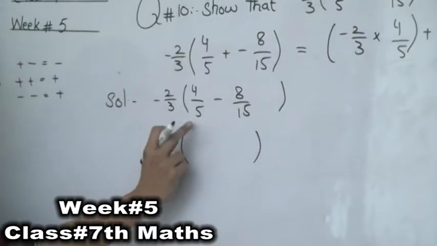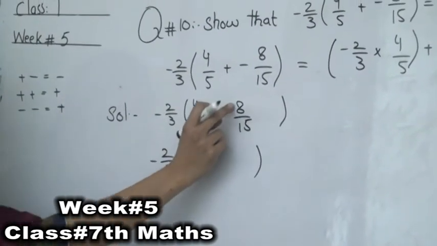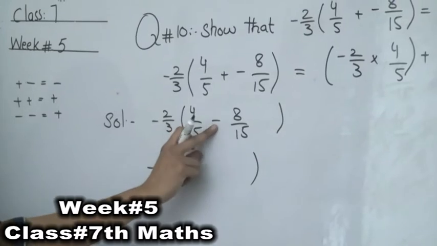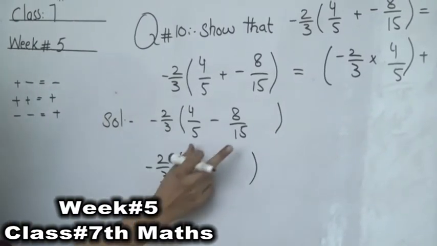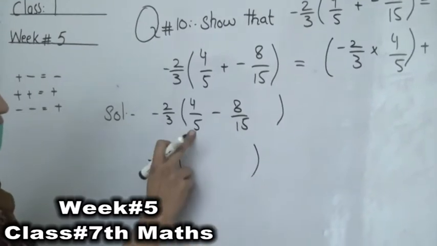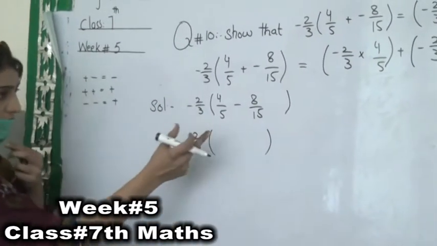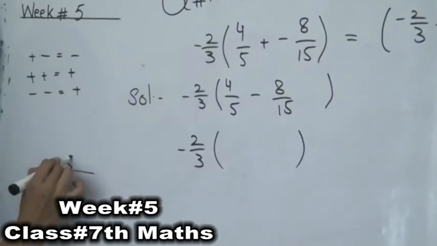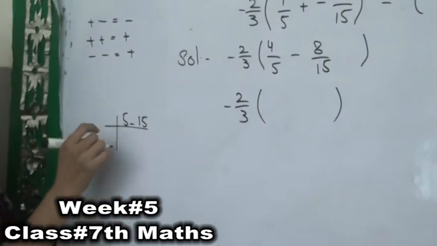We will not cancel 4 by 5 and 8 by 15 because there is a sign of minus. We have to make the denominators the same, so we will take the LCM of 5 and 15.